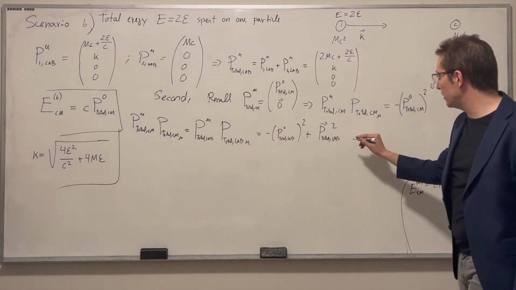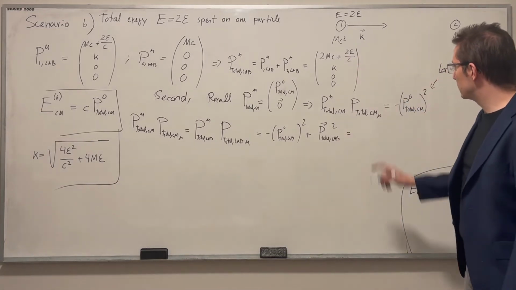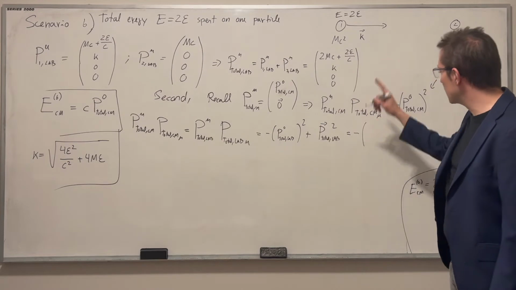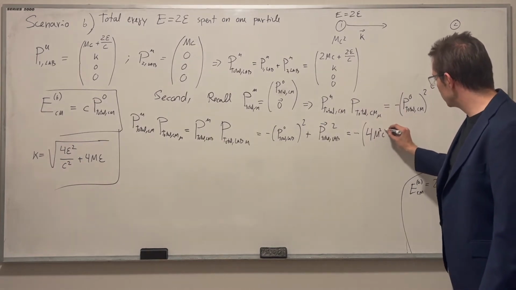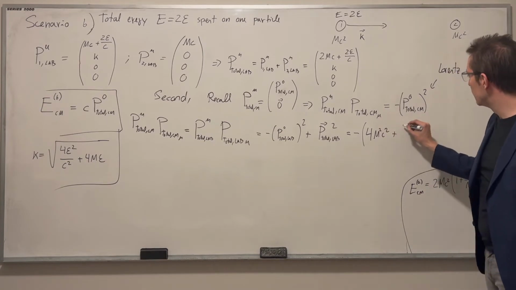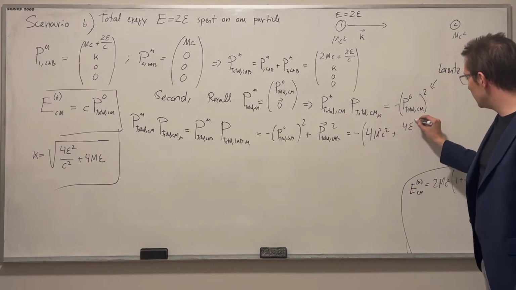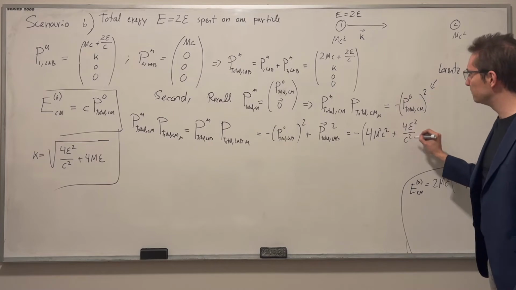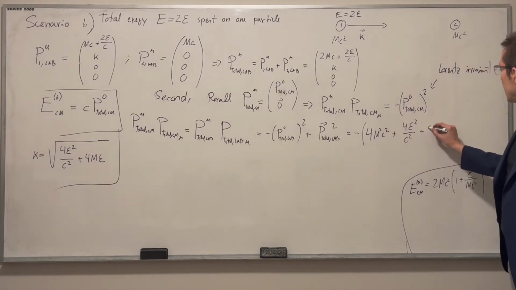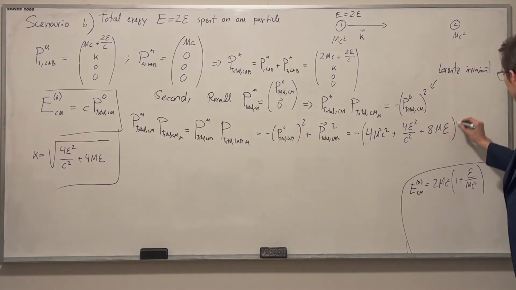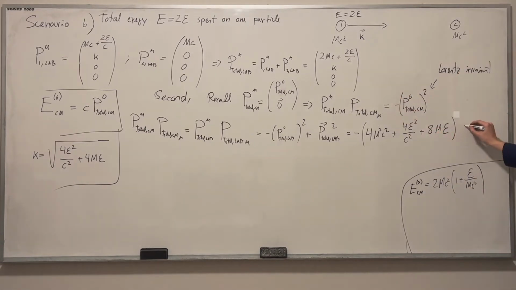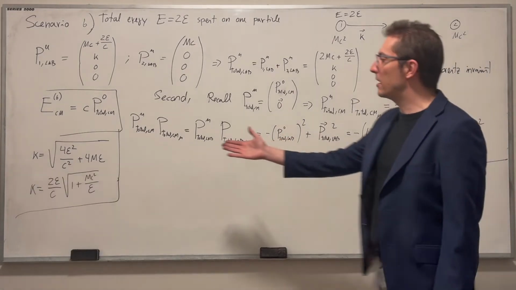And directly from here, I get that this is going to be minus 4 m squared c squared plus 4 E squared c squared plus 8 m E plus k squared. We have k in here.